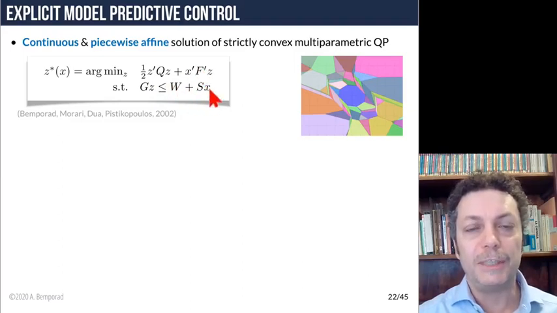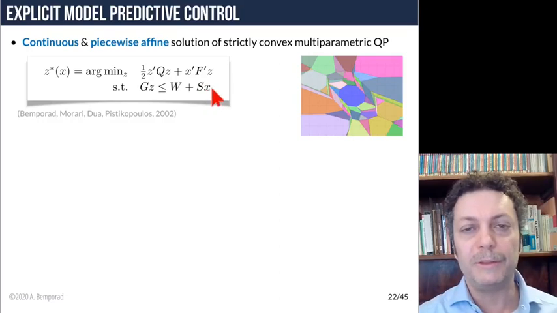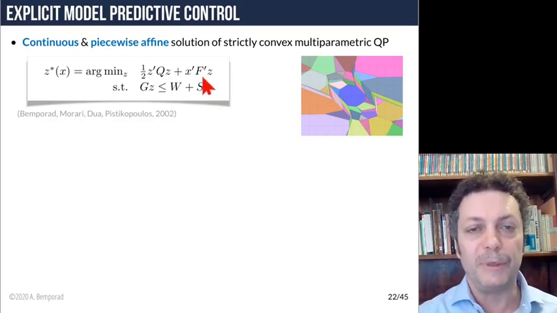What only changes at runtime is the value of the state vector and possibly also the reference signal and other signals, for example, the upper lower bounds of the constraints, that you can summarize in a vector x of parameters. Now, these types of problems can be solved explicitly.